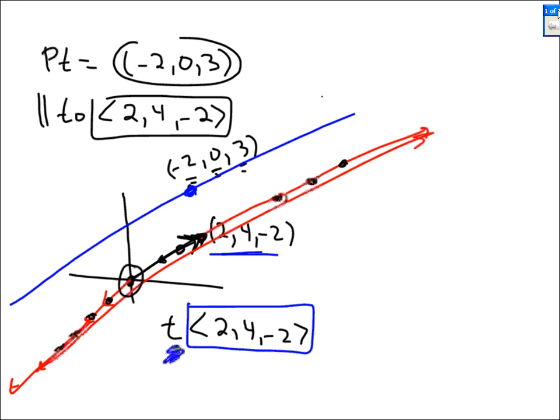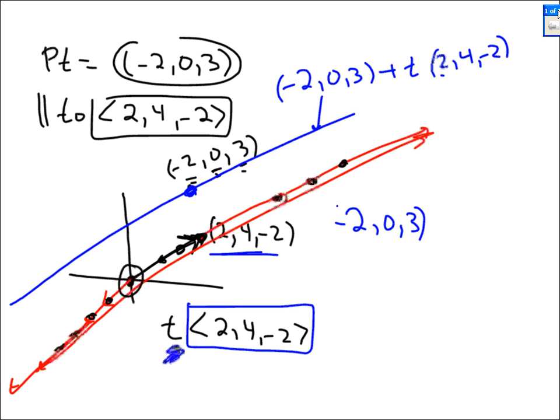Now, the equation of this line will be negative 2, 0, 3 plus t times 2, 4, negative 2. Actually, the point plus t times the vector. Let's look at it a little bit more closely.